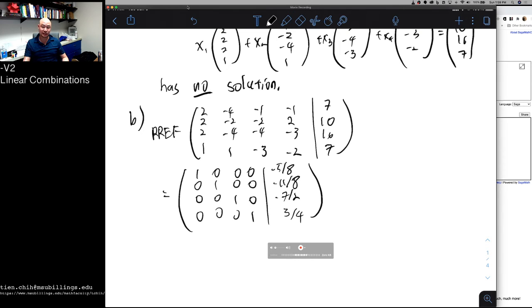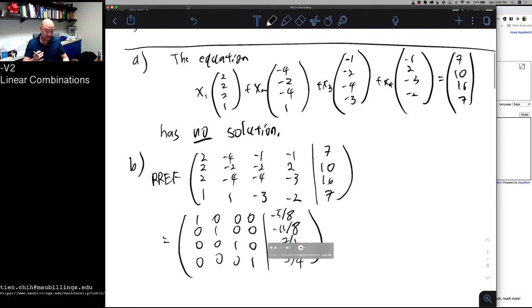Some observations here. First, I'm really glad I didn't have to solve this by hand, or use Gauss-Jordan in order to find this particular expression. But there we go. At the same time, what this is telling me is that there is in fact a solution to this, right?